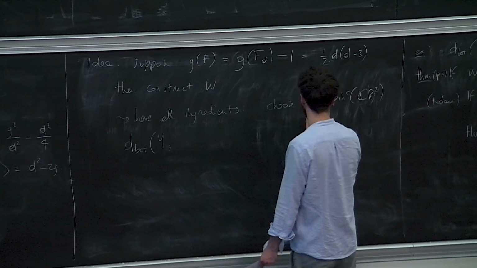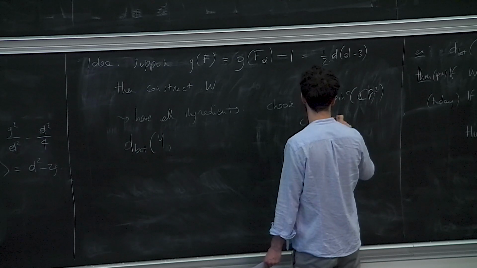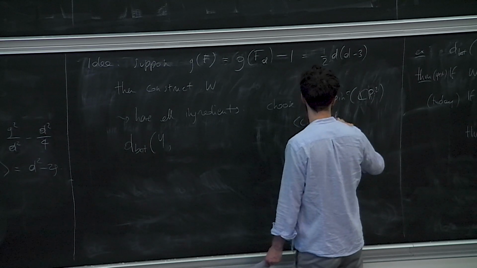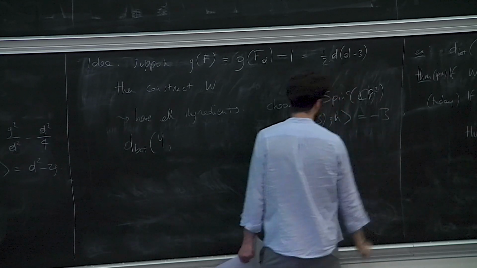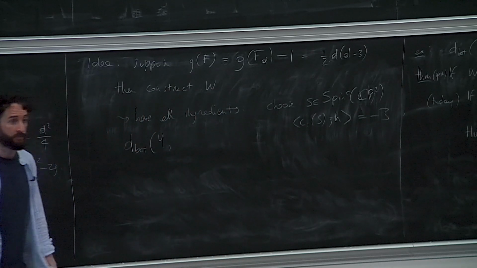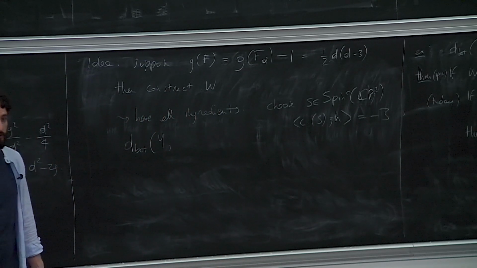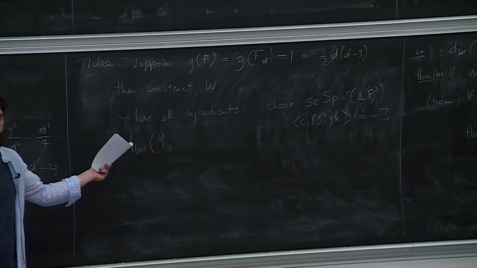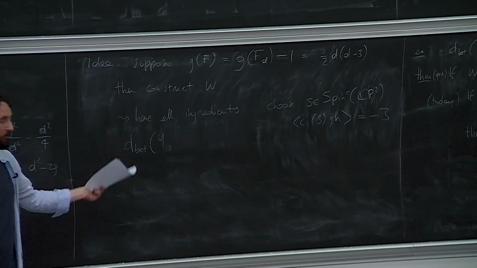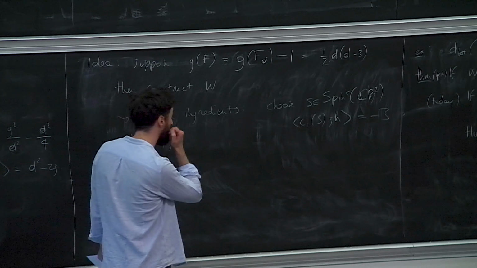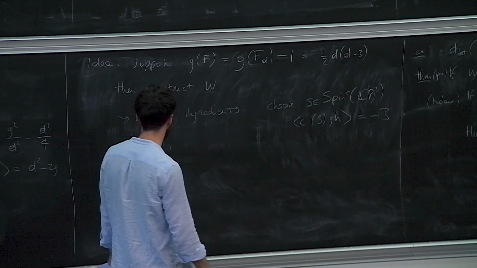On CP2, choose the spin-C structure S so that c1(S) evaluated on H is -3. And if you're an algebraic geometer, or if you know complex surfaces, you recognize that this is the canonical spin-C structure, the one corresponding to the canonical bundle.